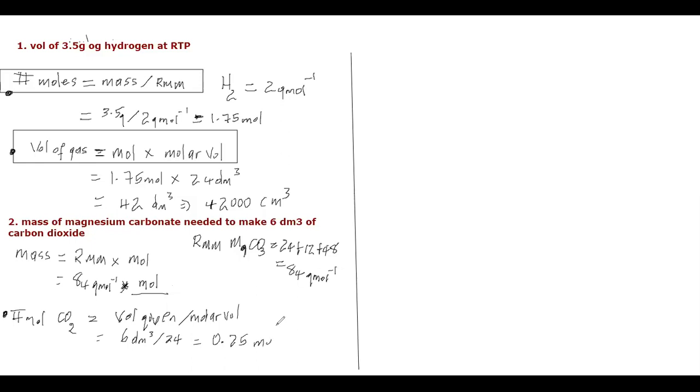All right, so this is giving us the information about the CO2. So we have to find some way to link the CO2 to the magnesium carbonate. From the equation, what was the mole ratio between the CO2 and the magnesium carbonate?